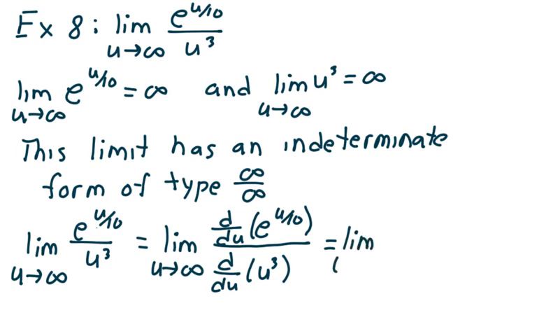So this is the limit as u goes to infinity of, the denominator is 3u squared. The numerator is 1/10 e to the u over 10. So this is chain rule. Let's write that on the next page.